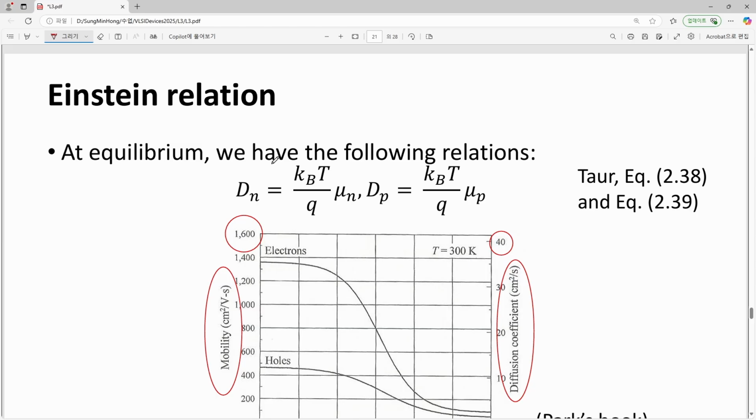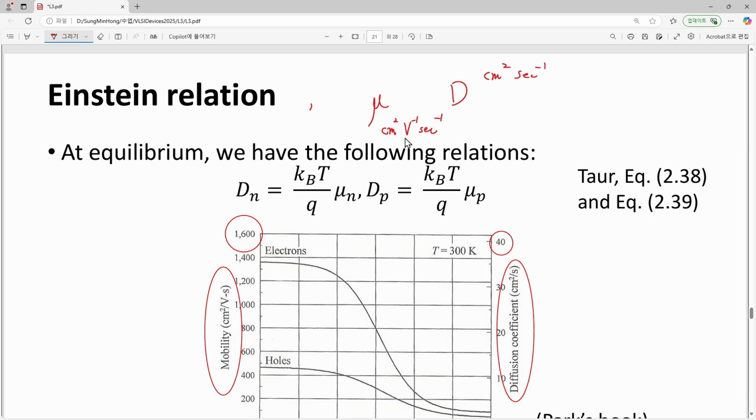At equilibrium, we can also assume the Einstein relation, the relation between our mobility and diffusion coefficient. You know that mobility has units of square centimeter per volt per second, and the diffusion coefficient has square centimeter per second.